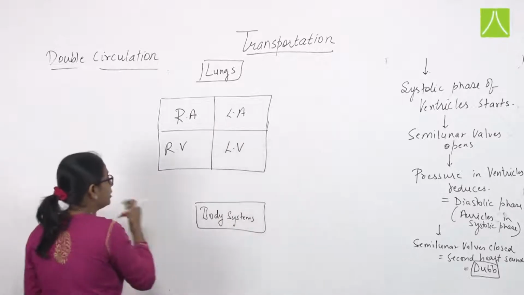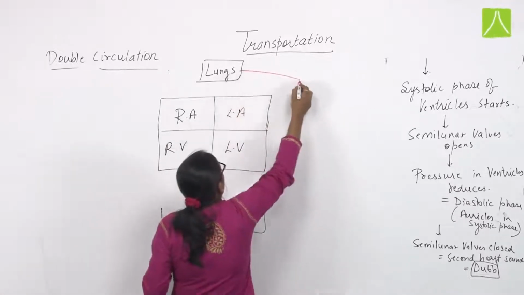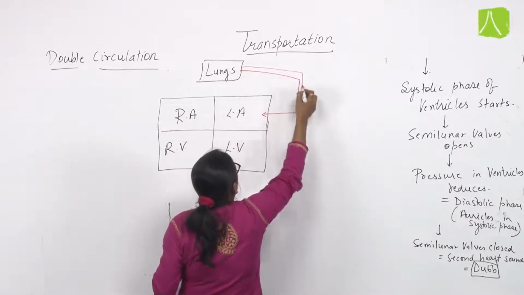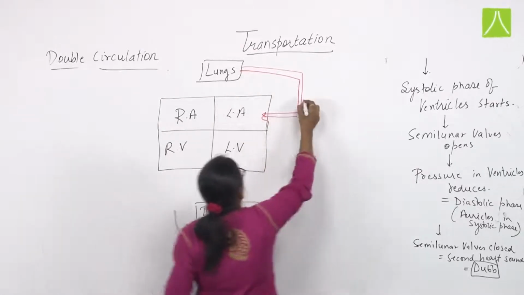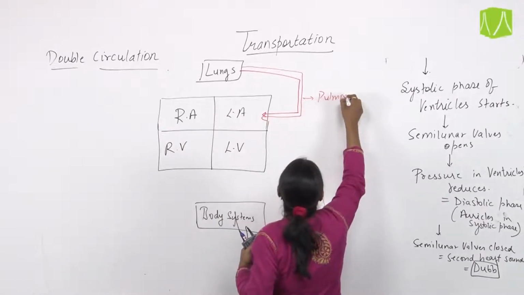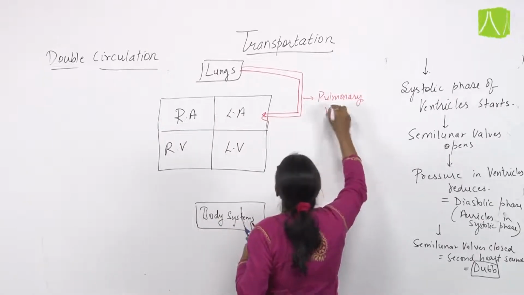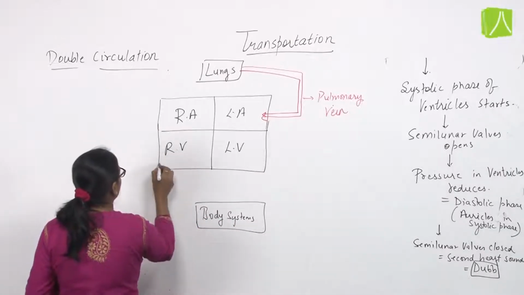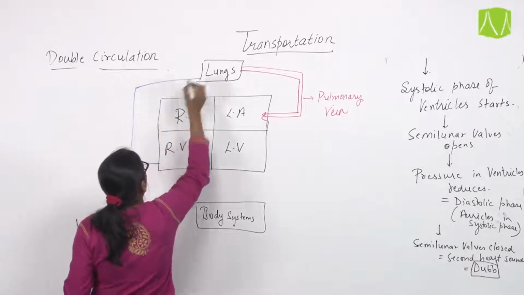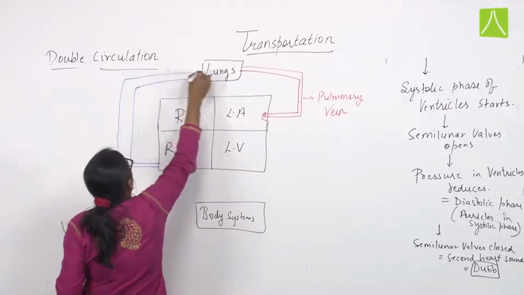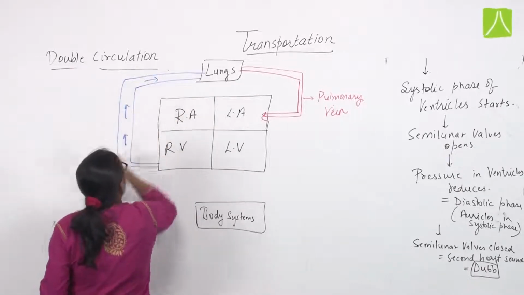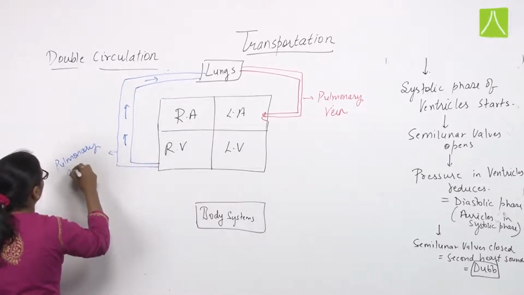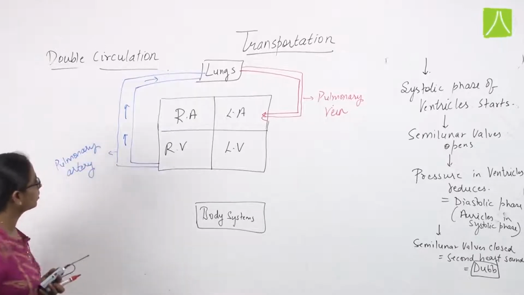Now what is happening? From the lungs, the pulmonary vein enters into the left auricle, and through the right ventricle, the pulmonary artery carries blood to the lungs.